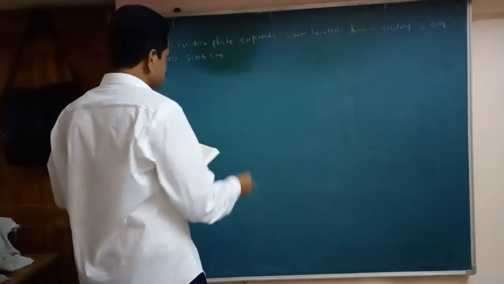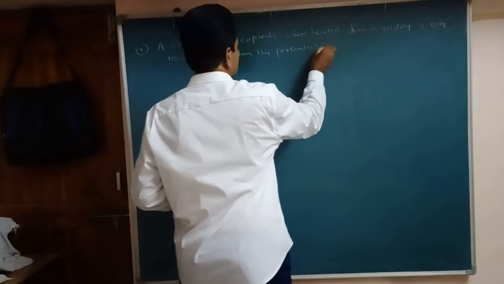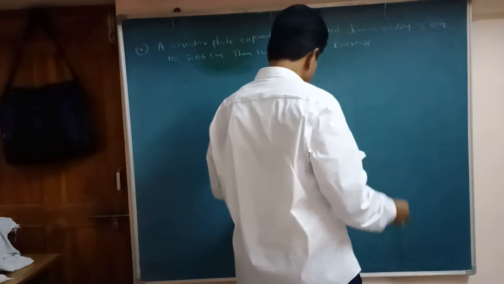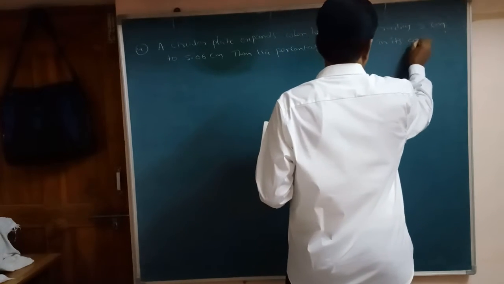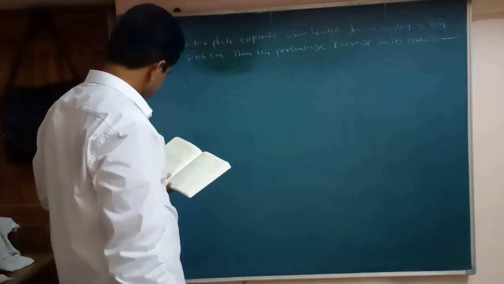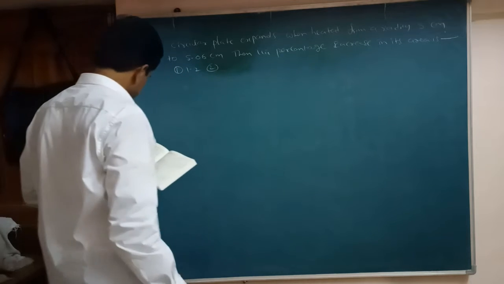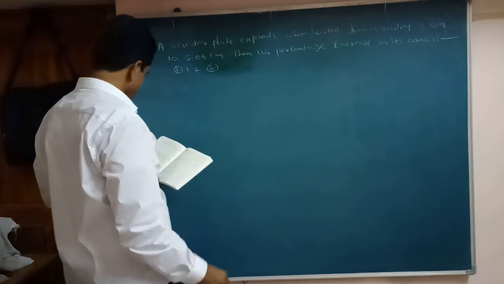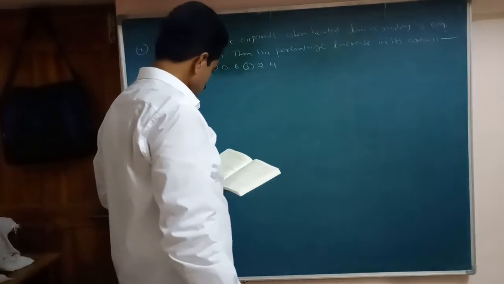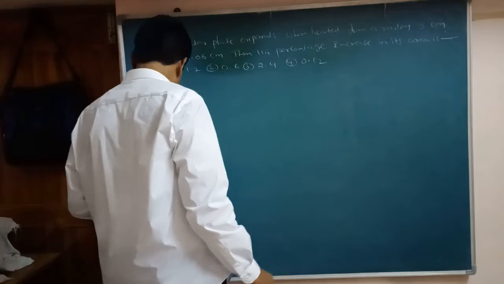Then the percentage increase in its area is: first option 1.2, second one 0.6, third one 2.4 and fourth one 0.5.